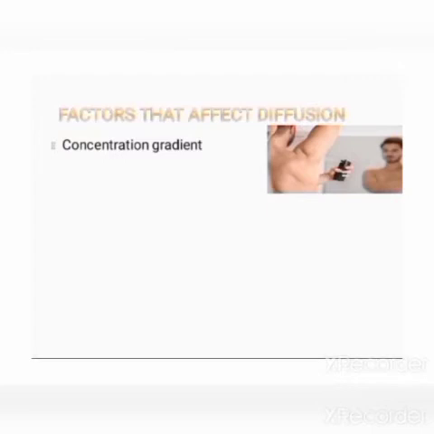Why? Because the concentration of the spray then diffuses from where it has been sprayed all over into the corner where the other person is. And so it has moved from a region of higher concentration to a region of lower concentration.